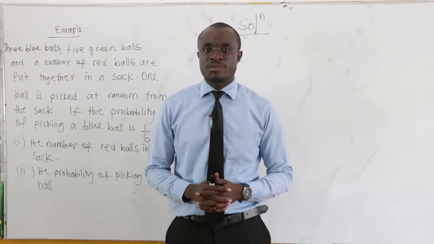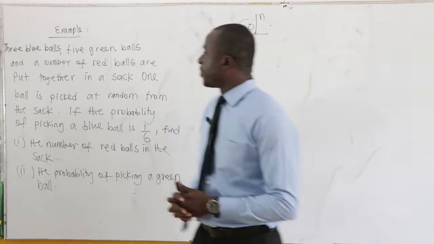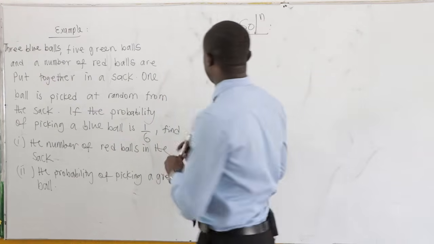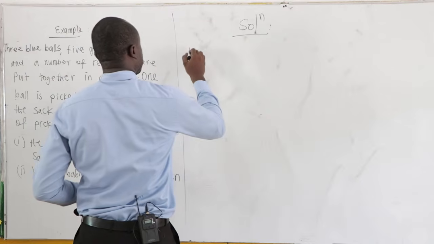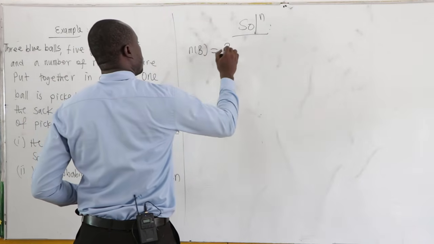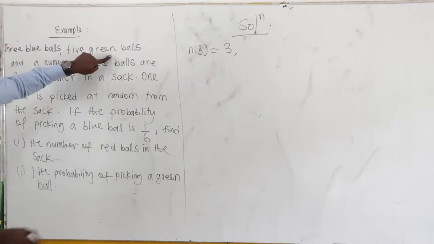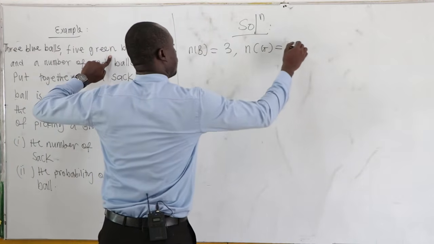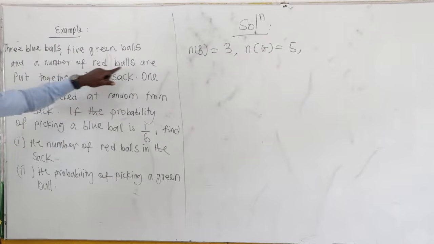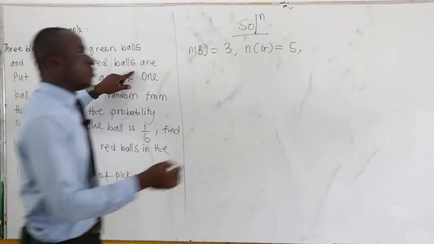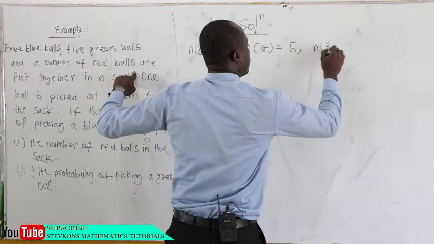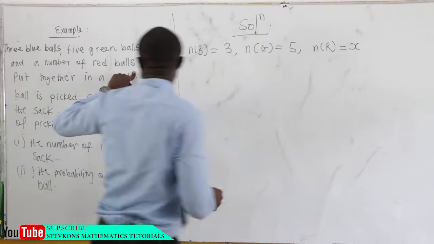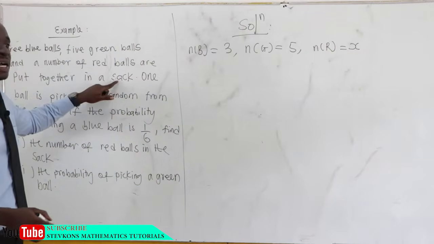Now let's consider this particular past question. We have 3 blue balls, 5 green balls, so the number of green balls is 5. And the number of red balls we don't know, so let's suppose the number of red balls is X. They are put together in a sack.